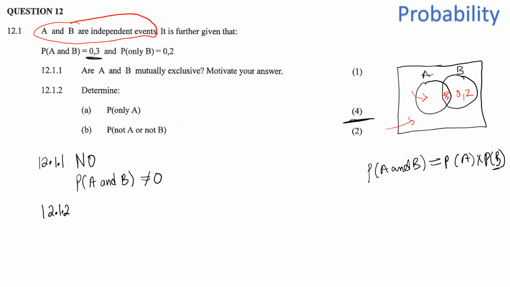It's the whole circle for A and the whole circle for B. We are not saying only, so be very careful with that.